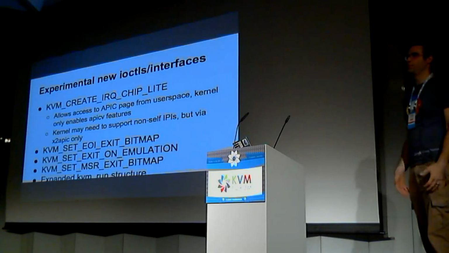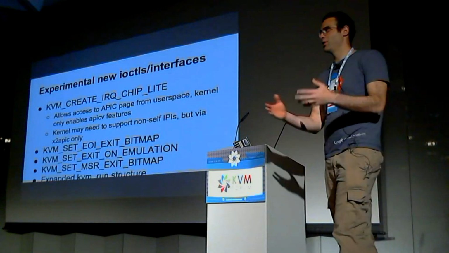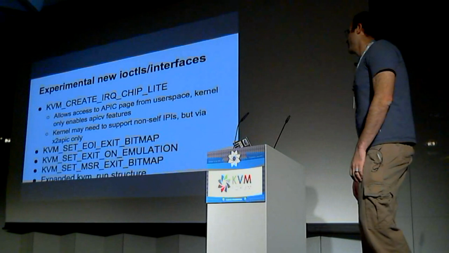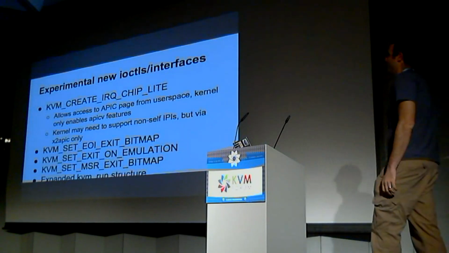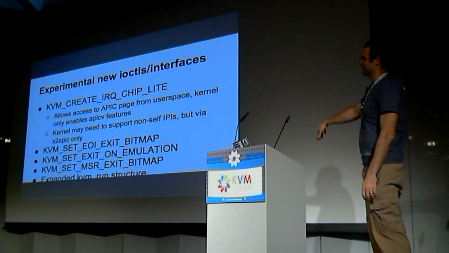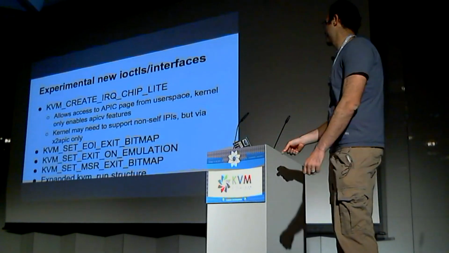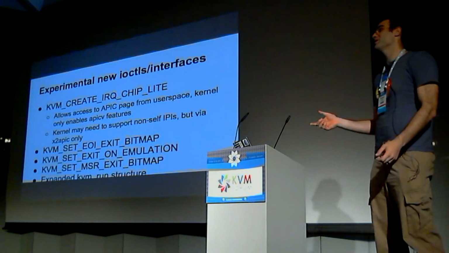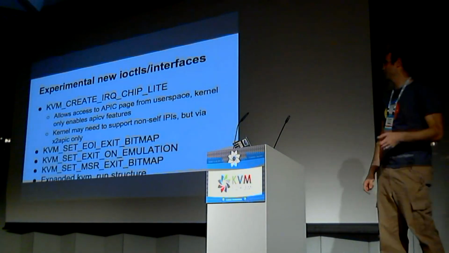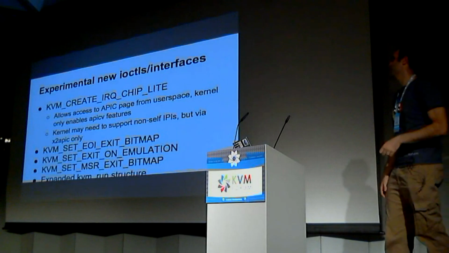And if we do, it's going to be X2 APIC only, which means no instruction emulation in the kernel. There's this annoying set EOI exit bitmap. This is something to keep the IOAPIC in sync. Even with hardware-supported virtualization for EOIs, you need to occasionally exit to tell the IOAPIC about it, so we had to wire that through the kernel.